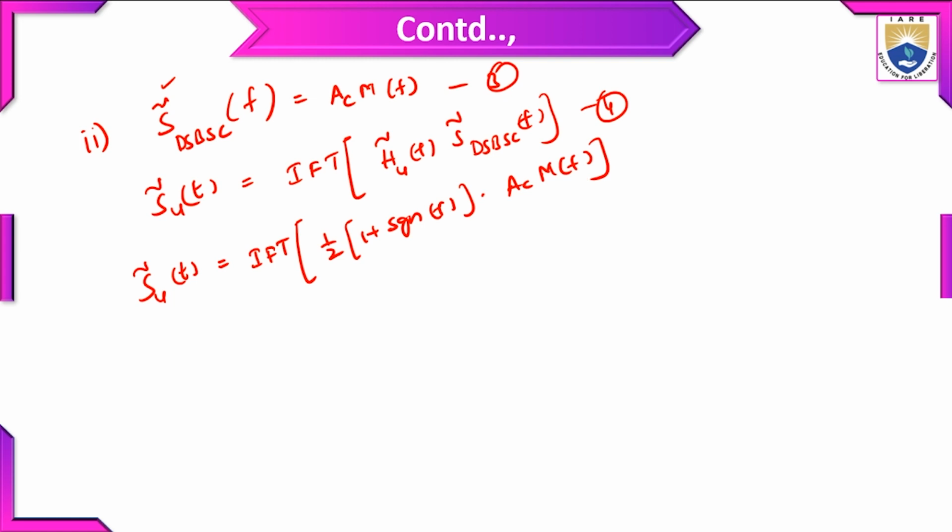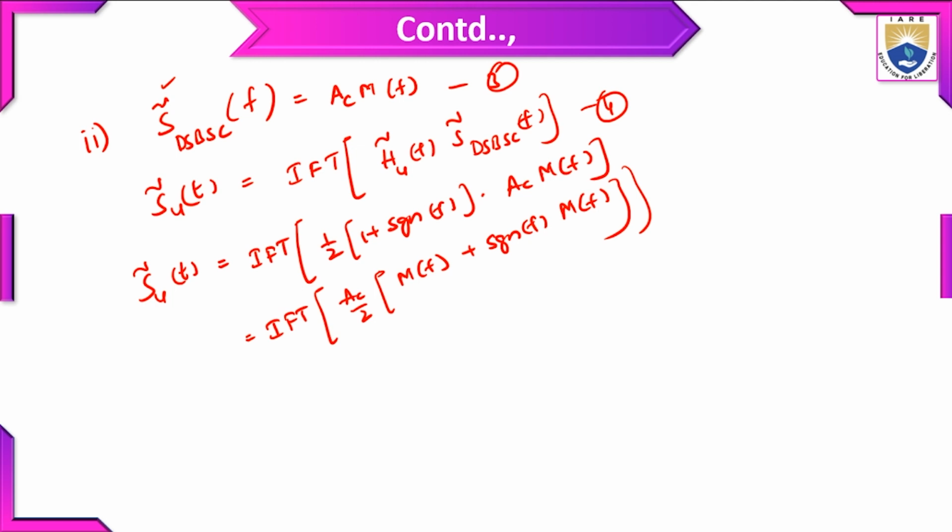Again, the IFT of AC by 2 of (M of F plus signum function of F into M of F), the big bracket.